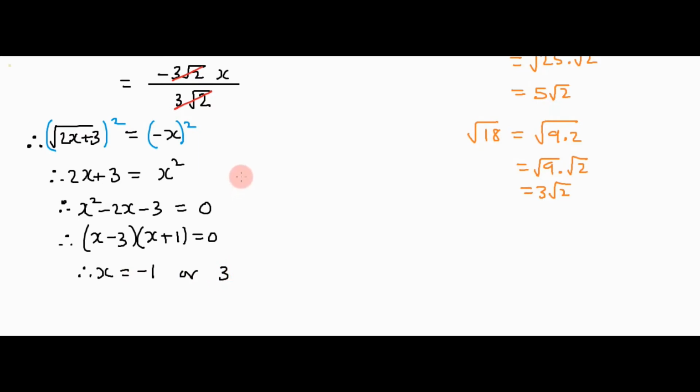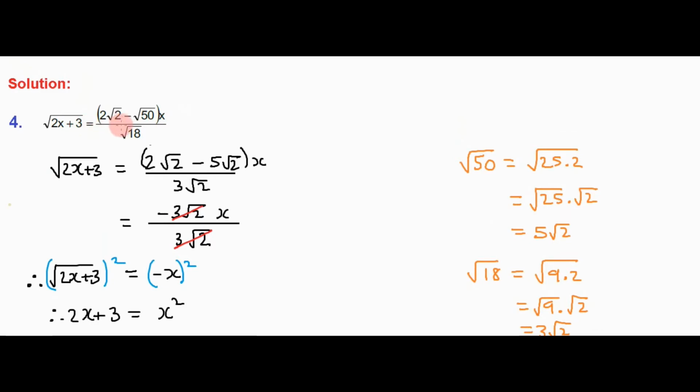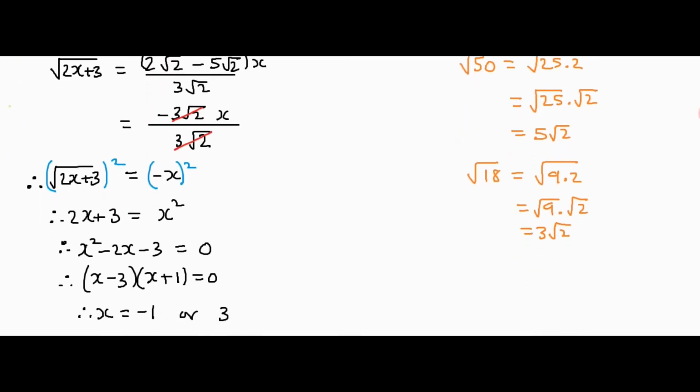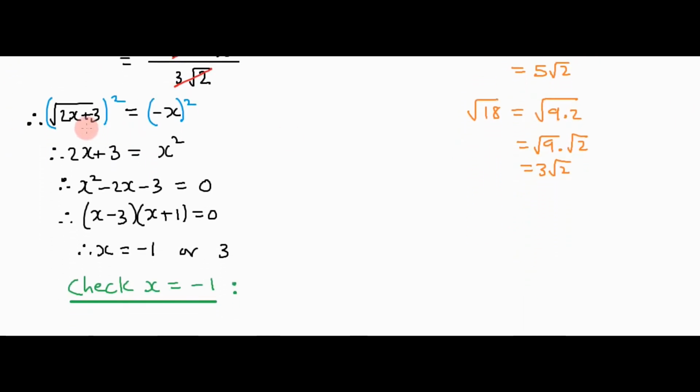Now we can check our answers. So let's check x equals negative 1. We can substitute it back into the original equation, but it's going to be easier to substitute it back into this equation here before we squared it. So then the left-hand side will equal the square root of 2x plus 3. So 2 times negative 1 plus 3.